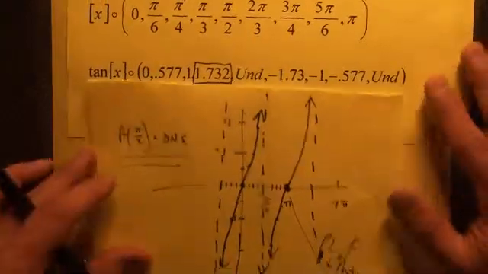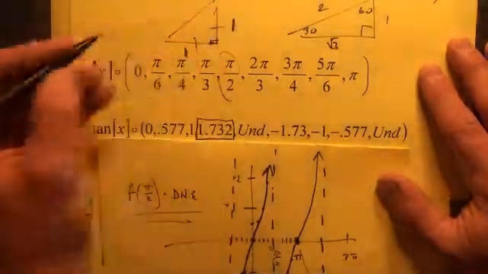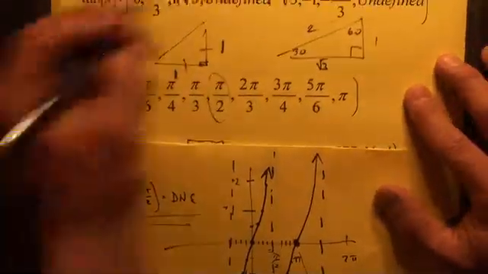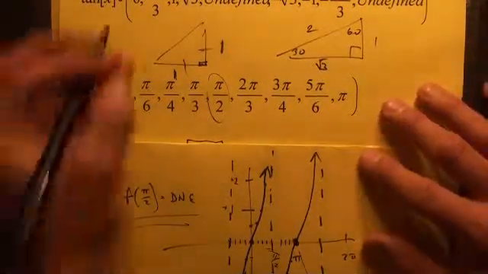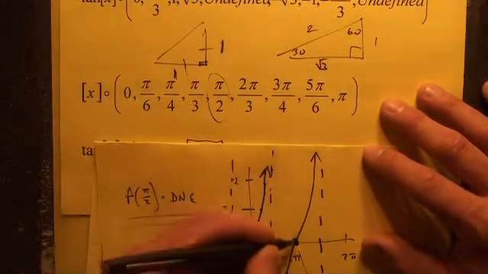So you're going to end up with a lot of undefines at the 90s, or in other words, at the pi over 2s. The pi over 2s are going to give you the undefines. And looks like you're going to get zeros at the zeros and pi's. So you're going to get a 0 at 0, a 0 at pi, a 0 at 2 pi.